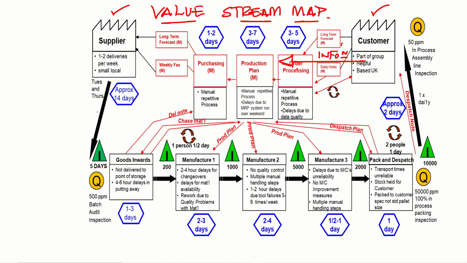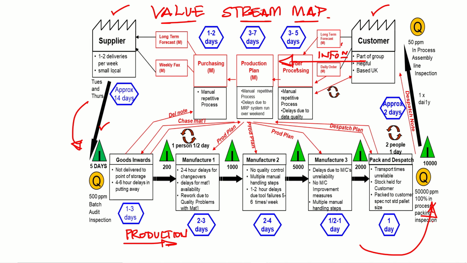Then the supplier supplies material. That's when it turns into that big black line. The material arrives at the bottom of the map. And the bottom of the map is then the manufacturing practices in order that the order eventually returns to the customer.